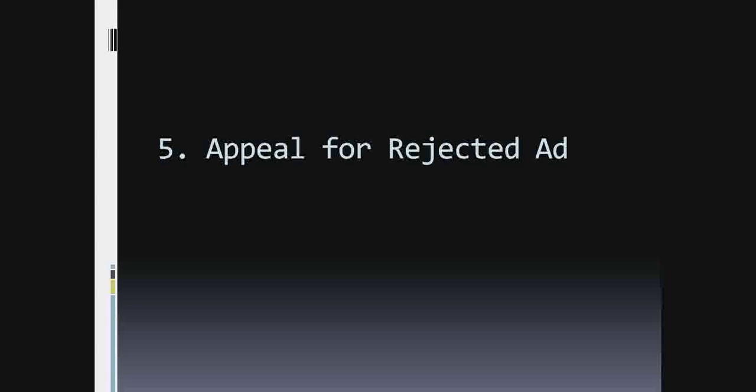So in order to avoid getting your ad account banned, always appeal for a rejected ad, provided it complies with their policy. You don't go about appealing for a campaign that does not comply with their policy. So make sure your campaign complies with their policy, so that they can see you did your campaign correctly and obeyed their policy.